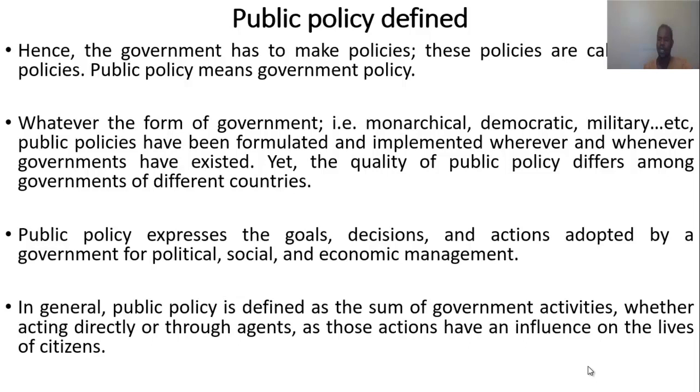But when you come to dictatorial and military governments, most of the time they are built around the interest of the few, and they are not well at addressing the demand of the vast majority of their people. But mind, both of them have policies.